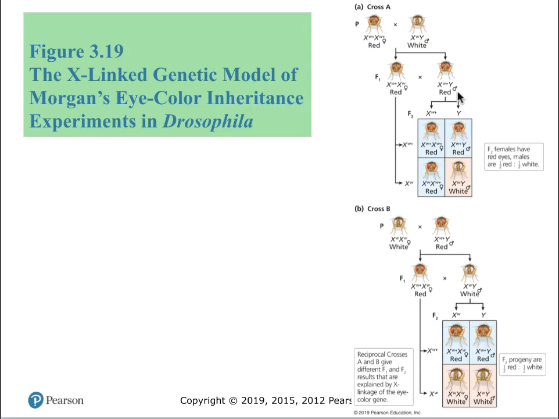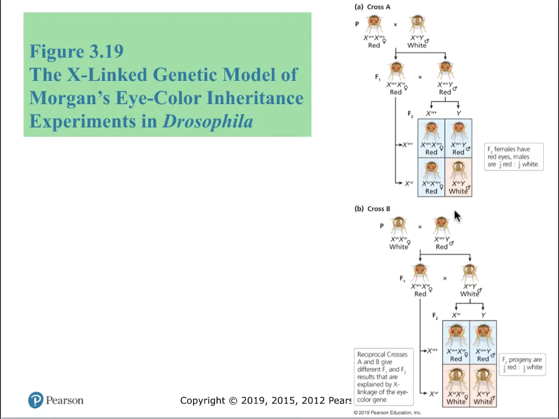When the F1 are crossed with each other, we see the gametes formed for the males on top and the female eggs on the side. And it's simply a matter of predicting what we would see in the F2. And in the F2, we divide it into two columns. The first column is the column for females, because it contains two X chromosomes.